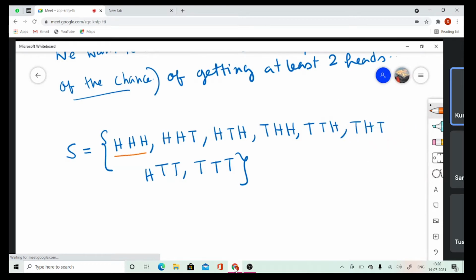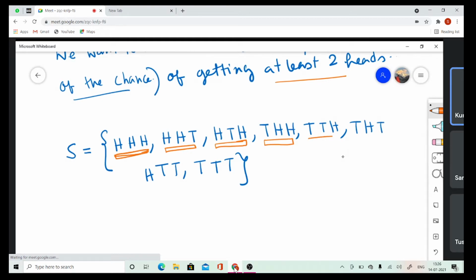If HHH or three heads happens, then we have at least two heads inside three heads. So HHH is our favorable event. HHT is also our favorable event. HTH, here also two heads. And again THH, this is also.